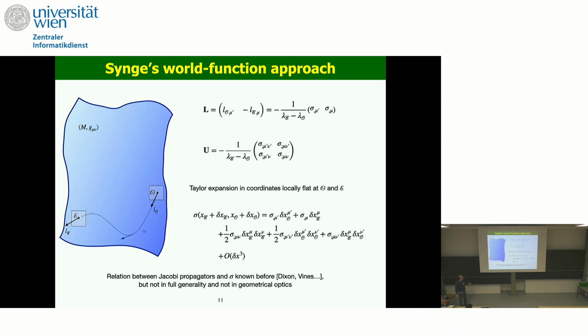So if you make an expansion of sigma in the vicinity of a pair of points, you get basically the tangent vectors L over here plus U. So the matrix U can be considered simply a Hessian of Synge's world function. By the way, the relation between Jacobi propagators and these derivatives was known since the 1970s. I'm not claiming this is very new, but this global approach and its application to geometrical optics, I think, is quite new.